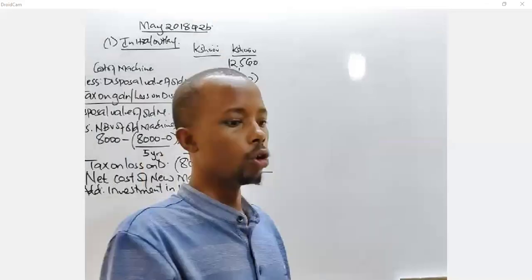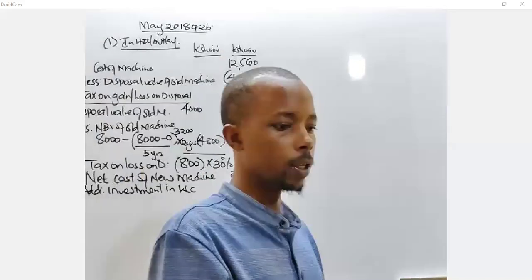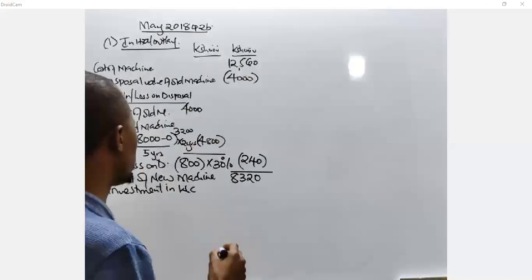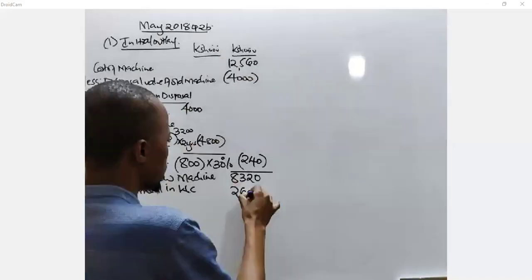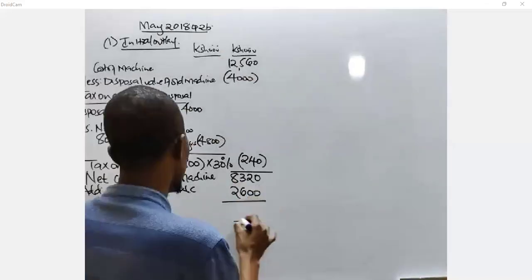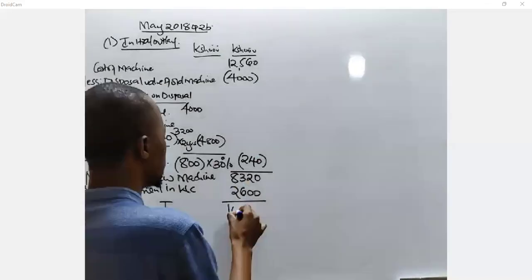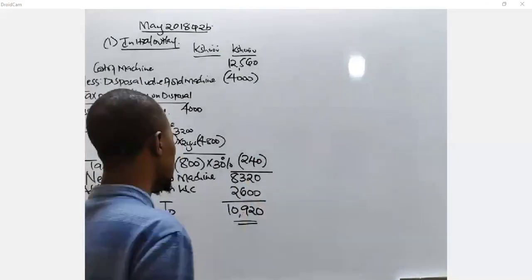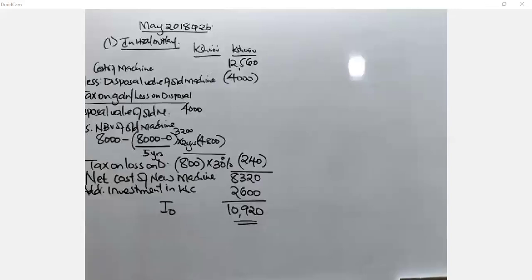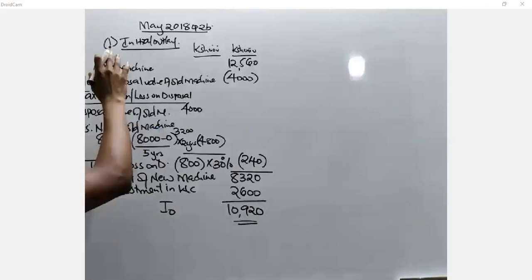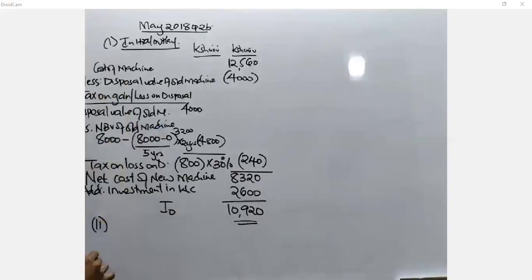The new machine will also require additional investment in working capital of 2.6 million, which is 2,600 in our case. So how much is the initial outlay here? Adding 2,600, we get 10,920. Now, that is the initial outlay. Number 2 here is very critical. We need to get the annual net cash flows.